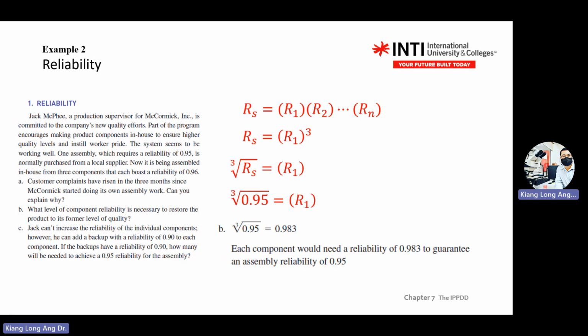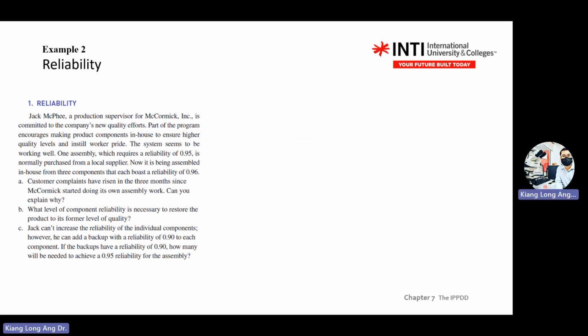Now the third one is more on creativity, more on innovation, a higher level of thinking. Now the third question is that he can't increase the reliability of the individual component. The individual component is 96%. Just now in the previous example, we already saw that if you do parallel, it can increase to 99% from 95% or so, right? So in case 3, he cannot increase the individual component.